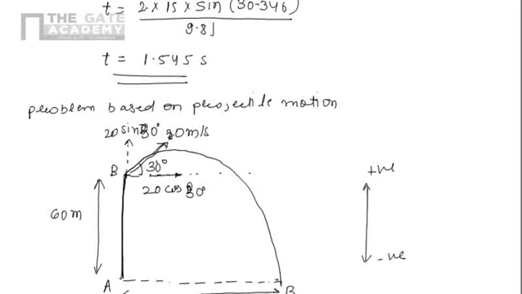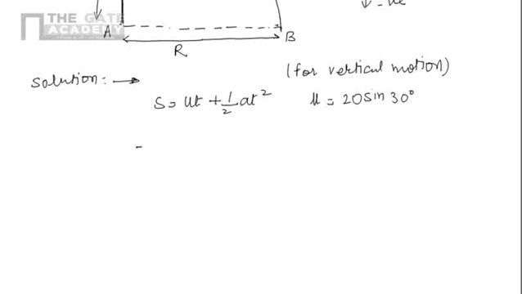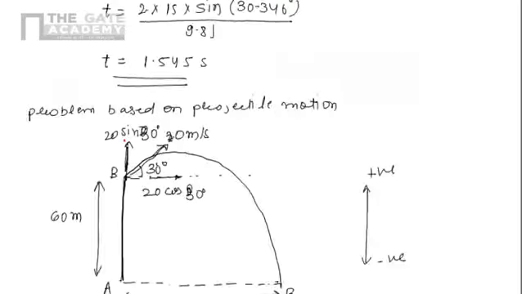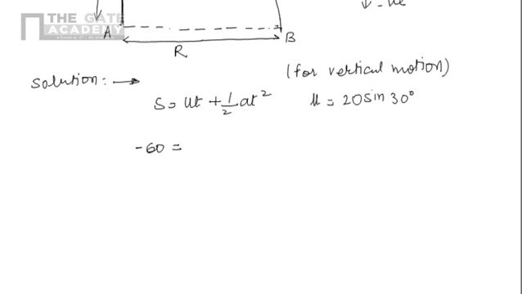The ball will travel the distance from A to B. It is in vertically downward direction, so negative, minus 60. U is in upward direction, so it is positive, plus 20 sin 30 into T, plus 1 by 2 into, it's a motion under gravity, so acceleration is g, and g is always acting downward, so negative T square.